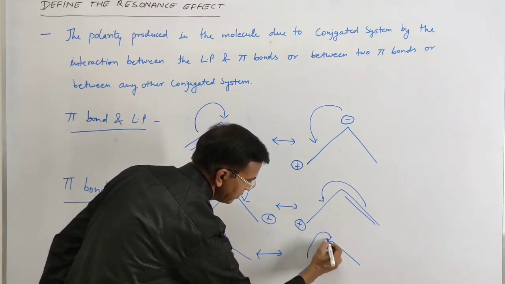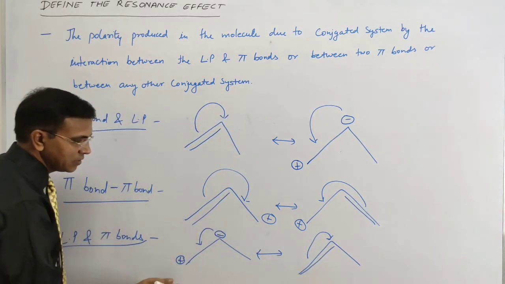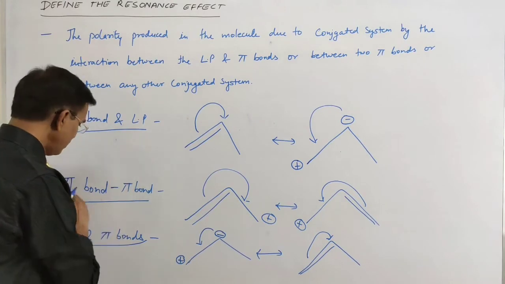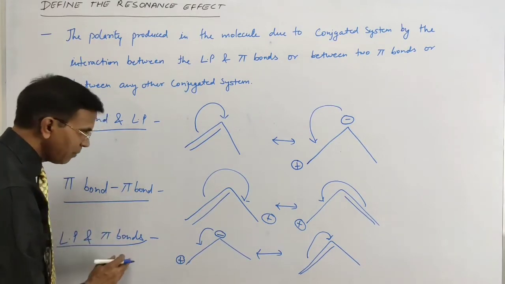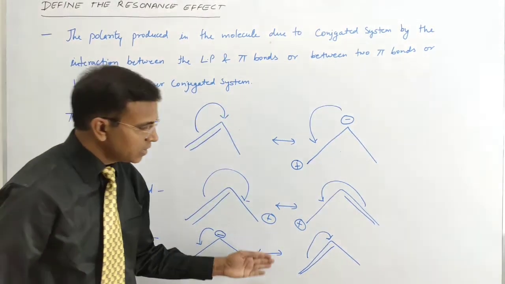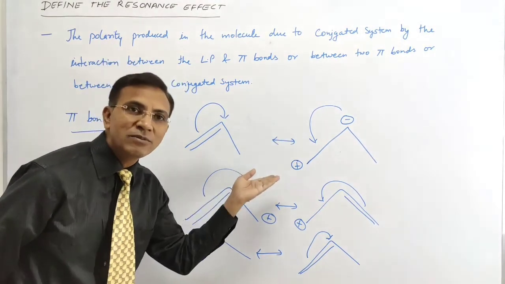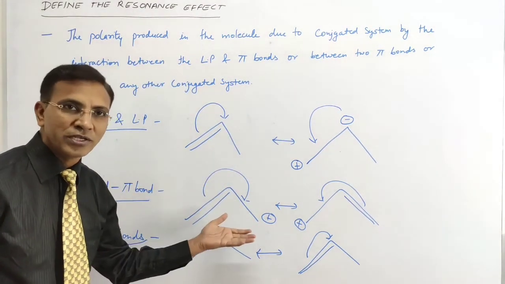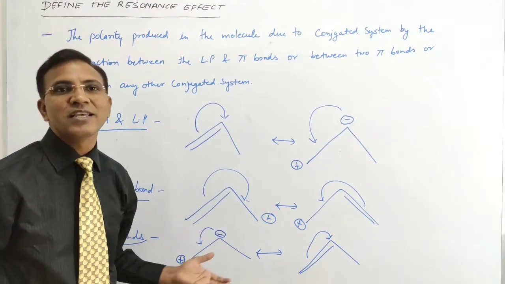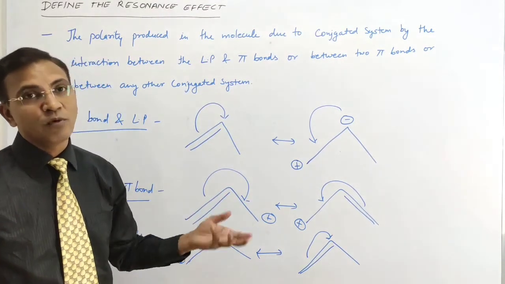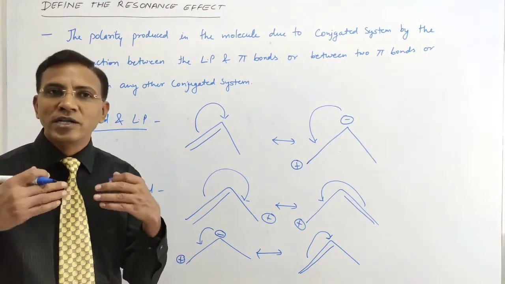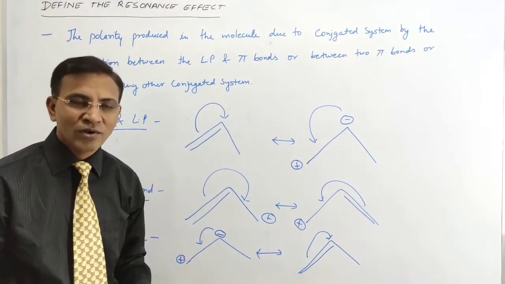This again moves. So this is the interaction between pi bond and lone pair, pi bond, lone pair, pi bond, and you may clearly observe that the polarity is produced within the molecule due to the conjugation, right? So this is the resonance effect within the molecule, that is the polarity produced within the molecule due to the conjugation, due to the delocalization of the pi electrons, right?